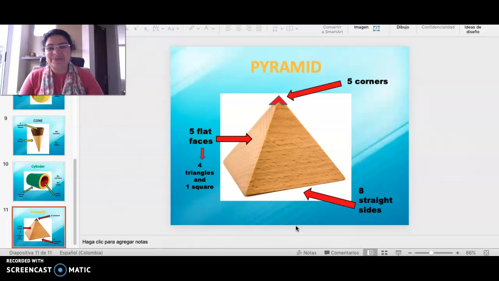In Seesaw, we have an activity similar to the one that we developed yesterday. You are going to have 4 or 5 3D shapes, and you classify the images that are shown in the activity according to the image that is the model.